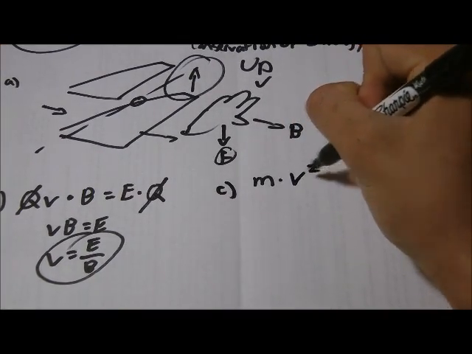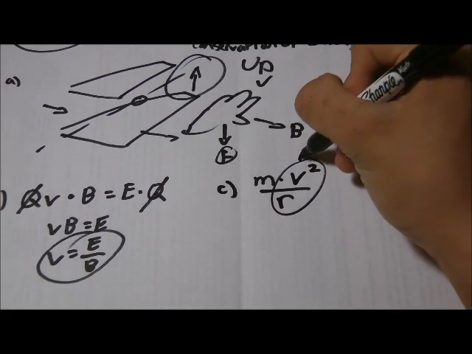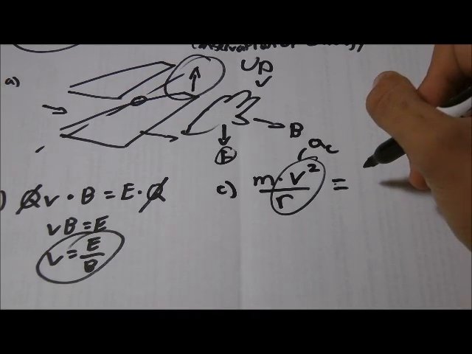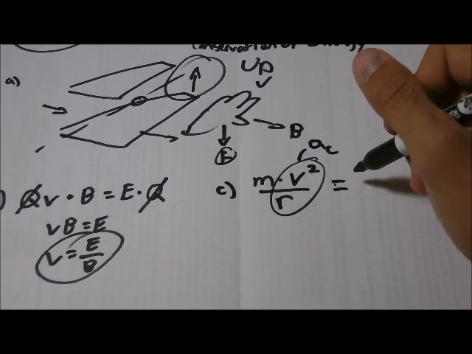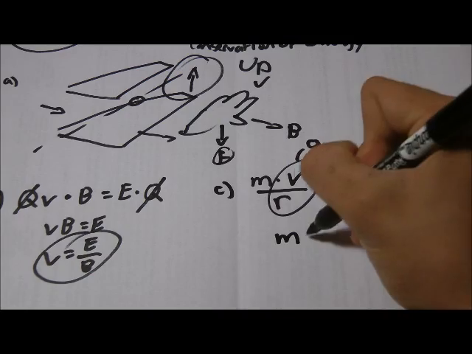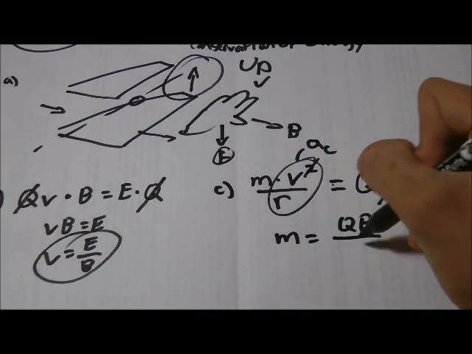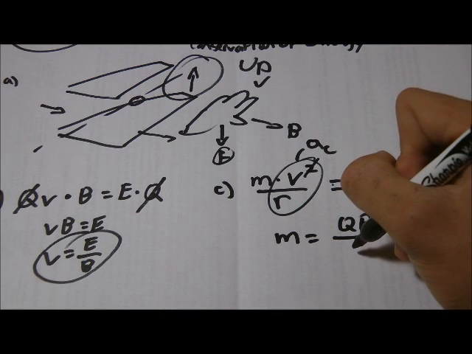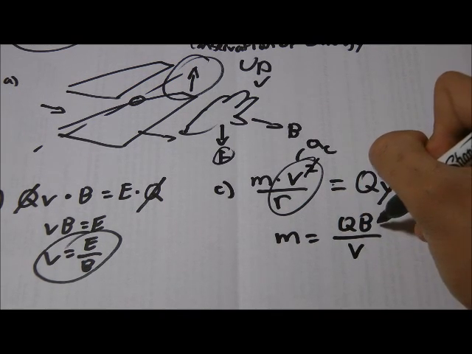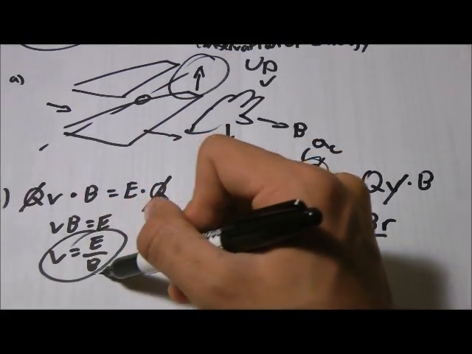So mass times V squared over R, which is the radial acceleration, equals the force caused by the magnetic field, which is just QV dot B. The V cancels out, so we're left with M is equal to QB R over V. When we plug in E over B for V, the B switches places since it's in the denominator.